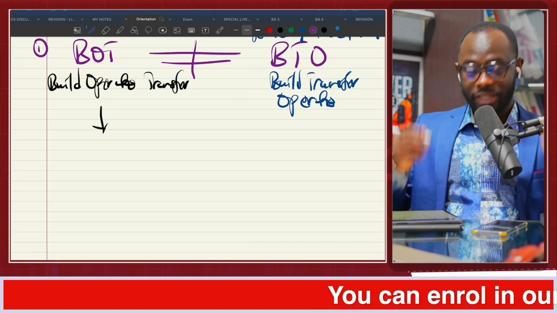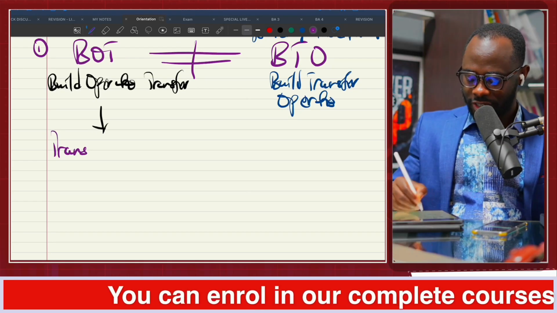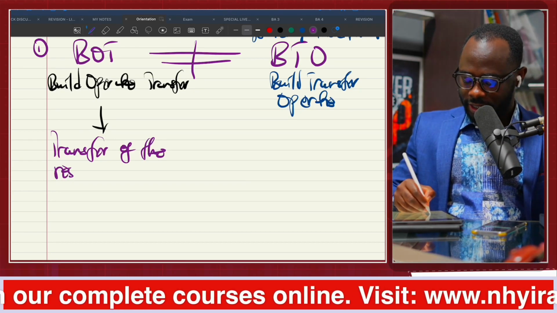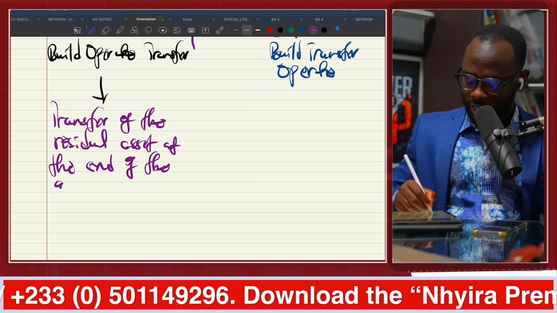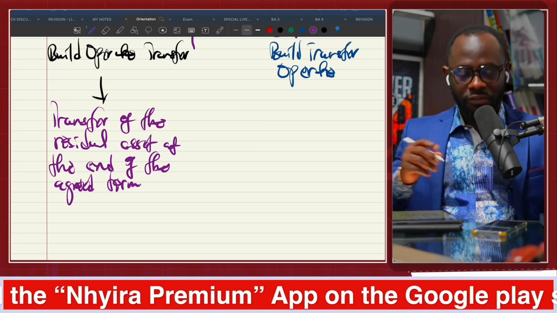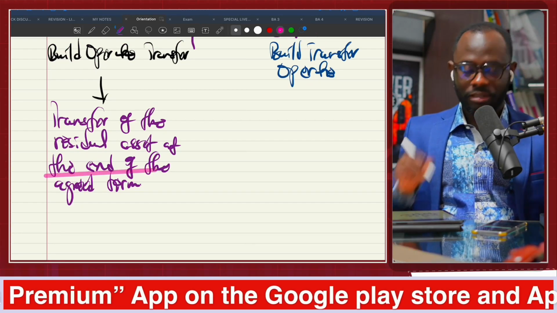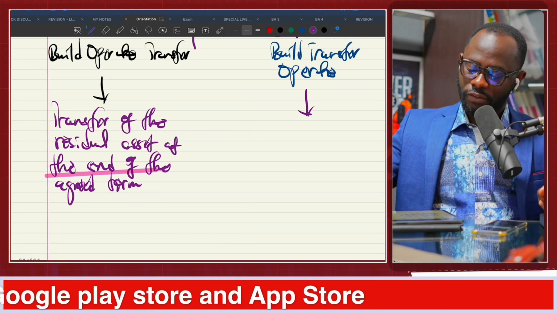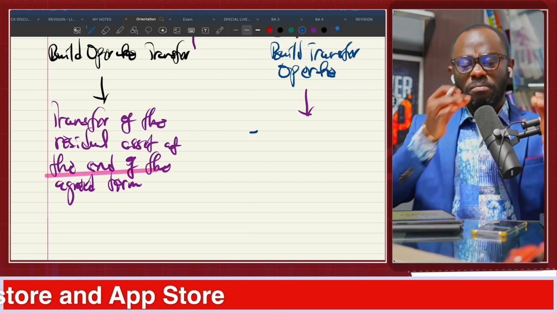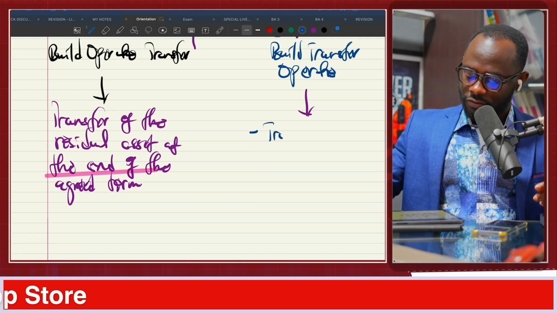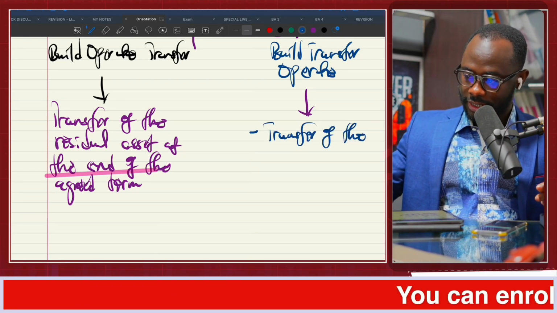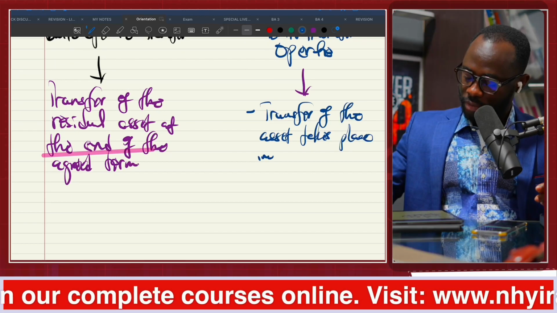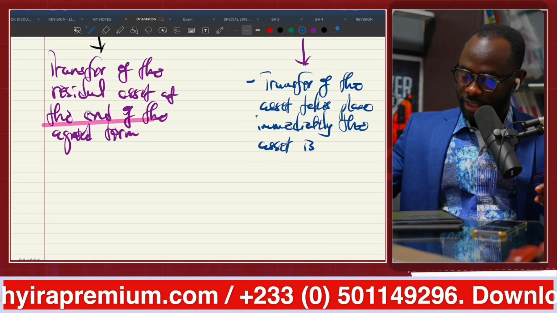So what are we saying? We are saying that here, transfer of the residual asset occurs at the end of the agreed term. But under build, transfer, and operate, immediately the asset is completed, transfer is done. So transfer of the asset takes place immediately the asset is completed.